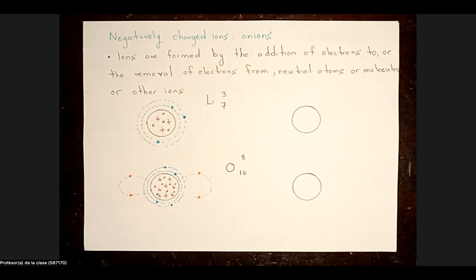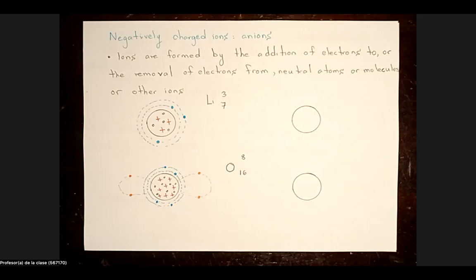So, the case of lithium: lithium has 3 electrons, 3 protons, and 4 neutrons.